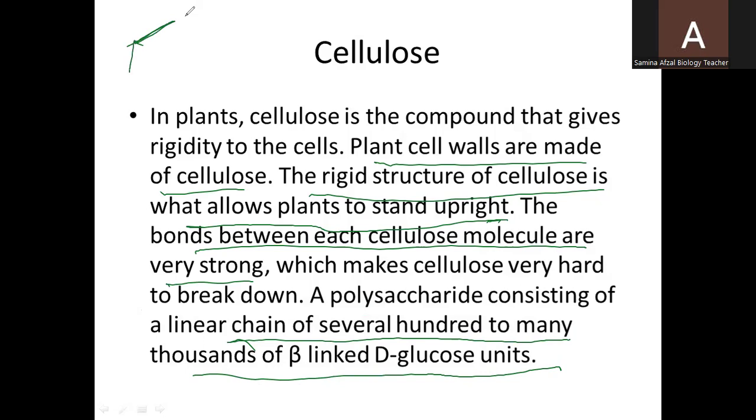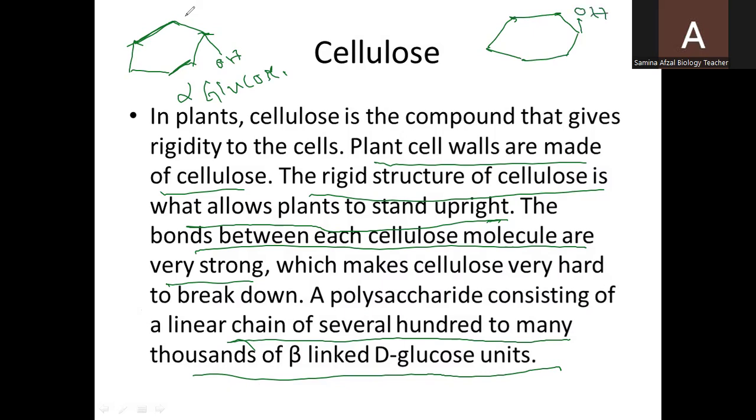When we discussed glycogen and starch, alpha glucose was involved, but in the formation of cellulose, beta glucose is involved.